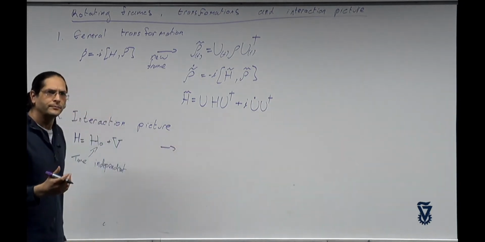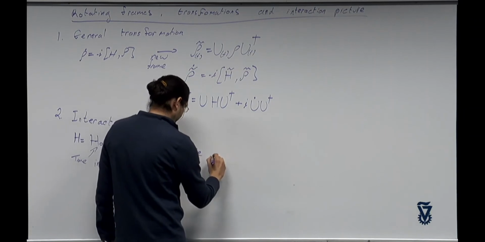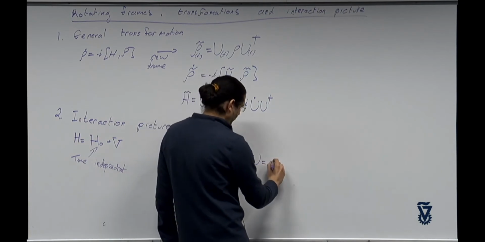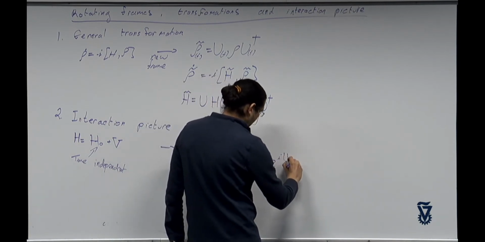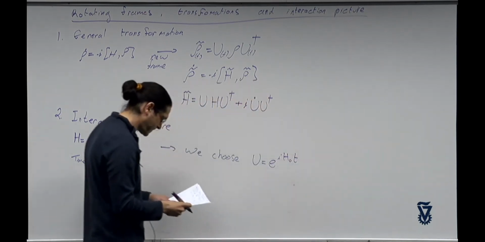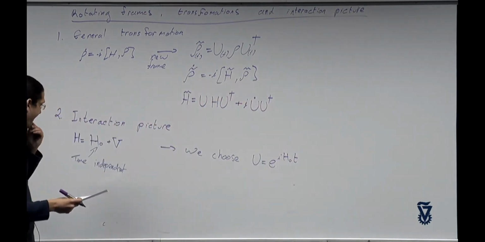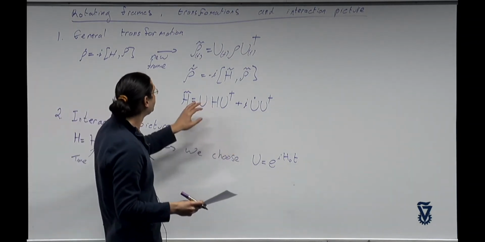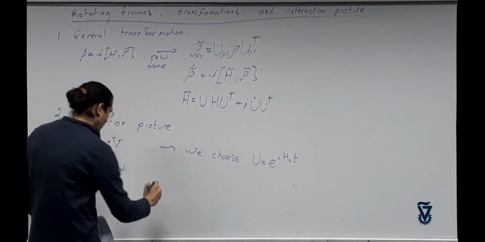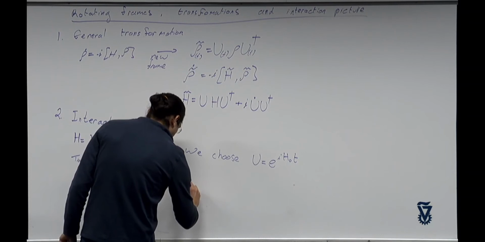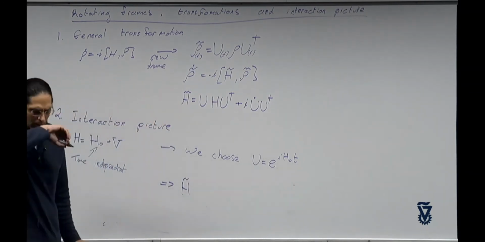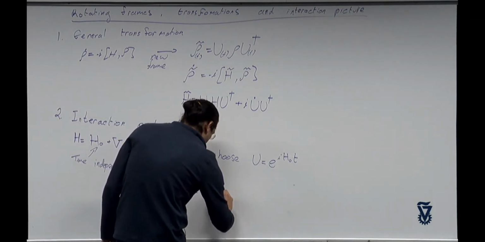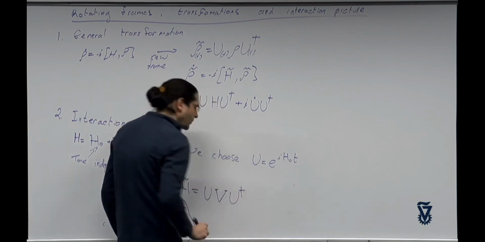And then what we do is we choose our transformation U to be e to the i H naught t. When we apply this transformation to our Hamiltonian, then H tilde, so H in our new frame, just becomes U V U dagger.